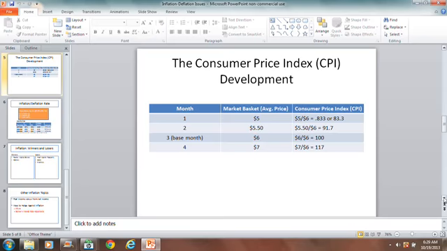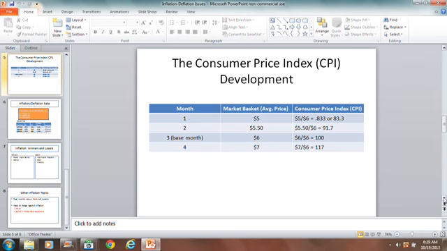The Consumer Price Index is a way of tracking how prices move from one period to the next, typically month to month, but the price movements are expressed with respect to some base period. So you look at how prices are changing relative to a base period or a base month.